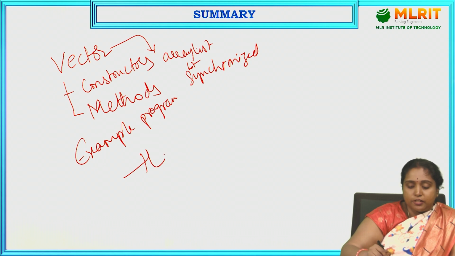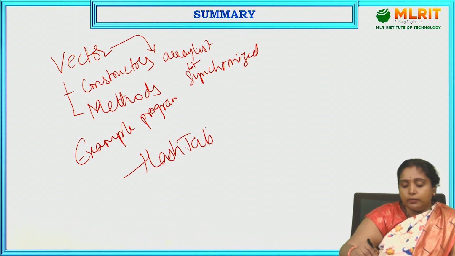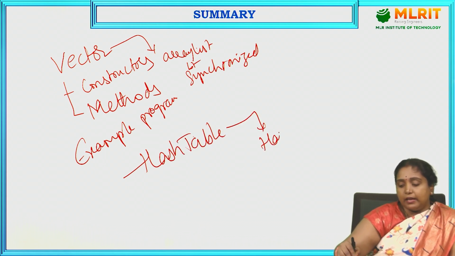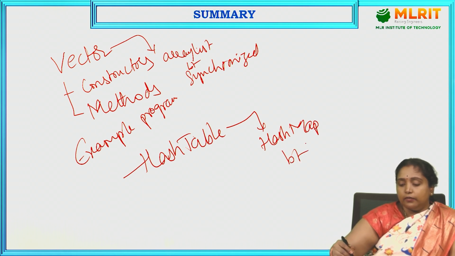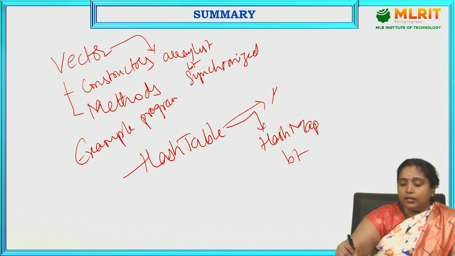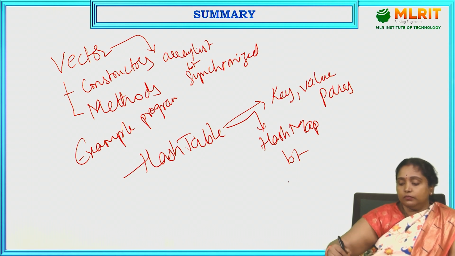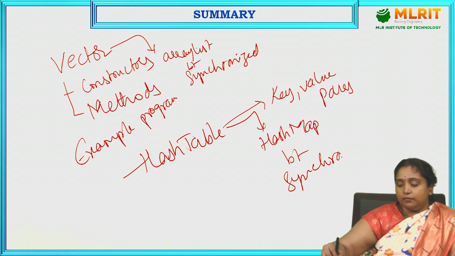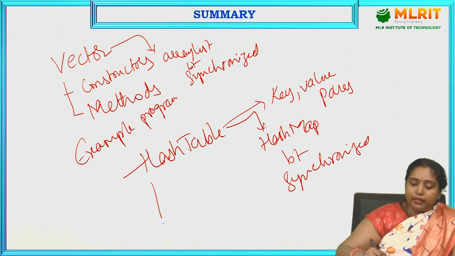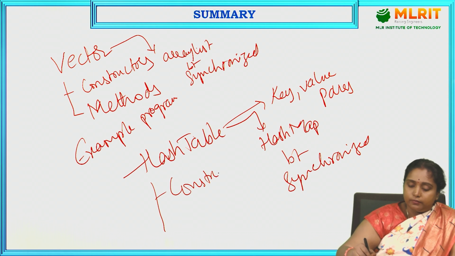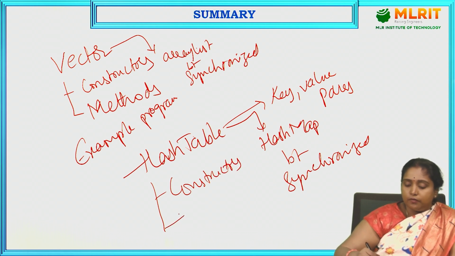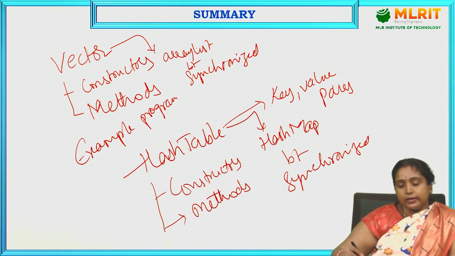Coming to hash table, hash table is also the same as the HashMap class. It stores key value pairs. This is synchronized. And we have seen the constructors and the methods of the Hashtable class, and we have seen the example program.